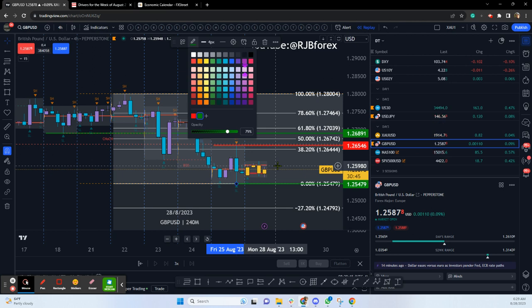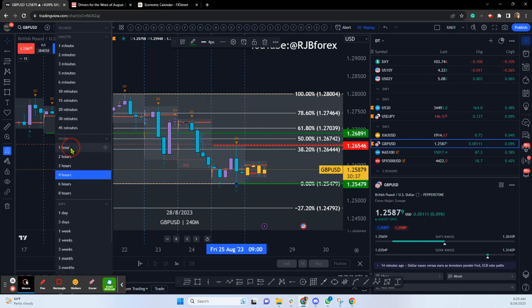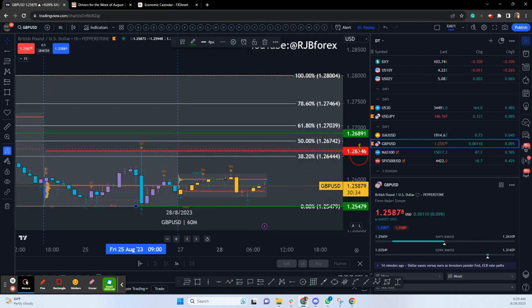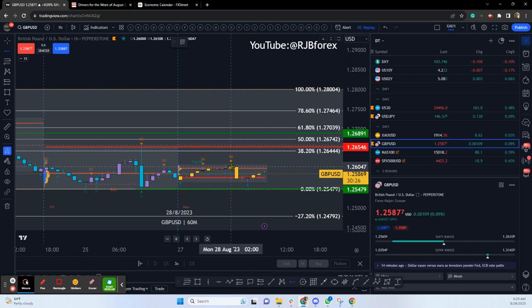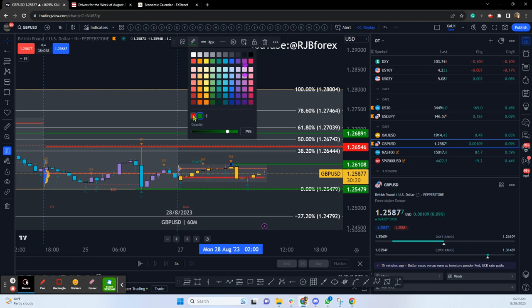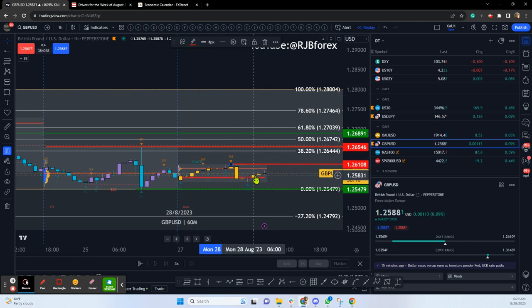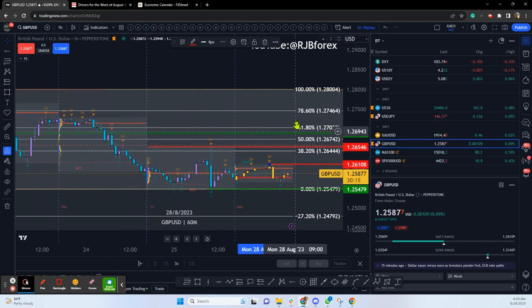So we're looking for a break of 126. That's the point of control. And we may as well mark up the swing high in the hourly chart as resistance, 126.11. That's our resistance that we're looking to break.